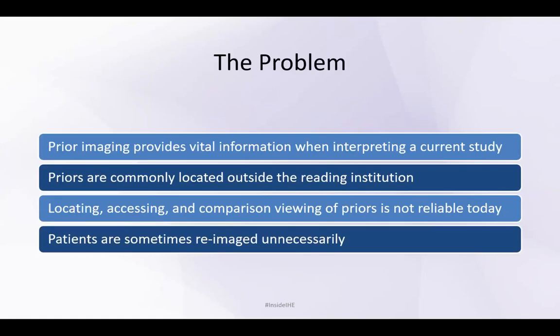So I will take the example of one of my colleagues, Dr. Smith, a radiologist at a busy cancer center, reporting a large number of CT studies every day, requiring comparison to previous imaging. And these studies are often performed at remote sites, as we have a large regional network with more than 30 affiliated hospitals.